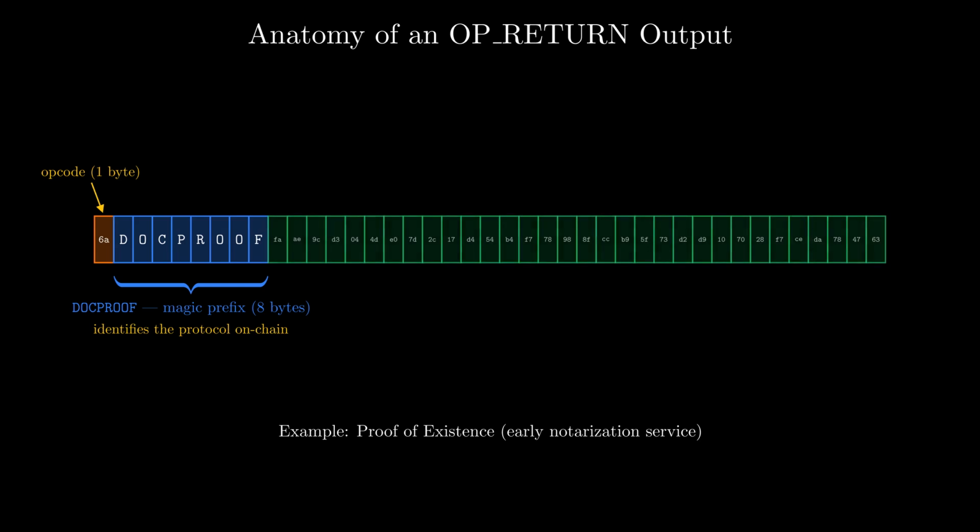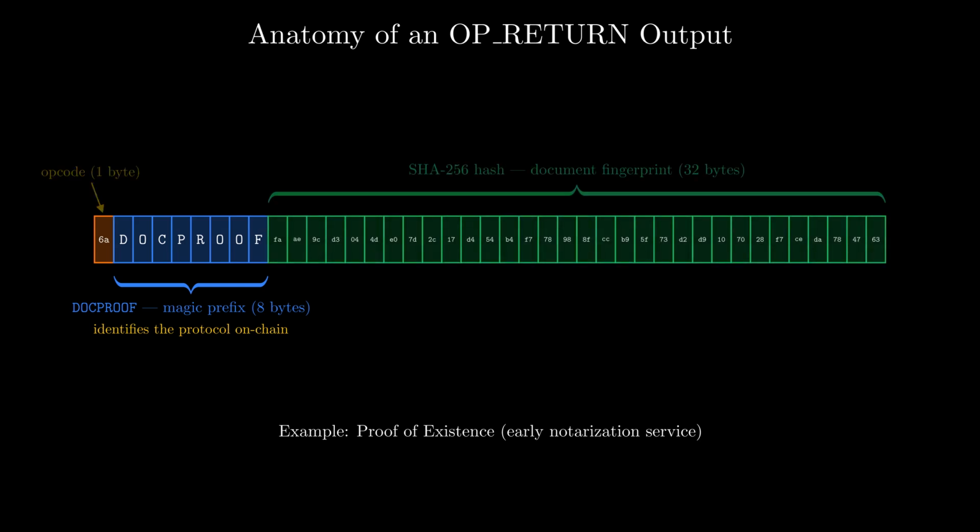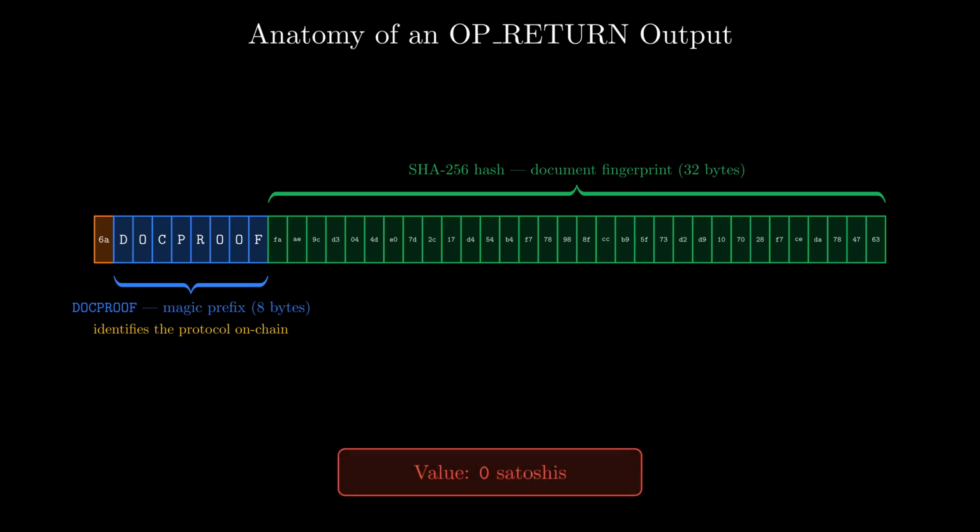After that comes a 32-byte SHA-256 hash of the document being timestamped. The output's value is 0 satoshis. No Bitcoin is attached, because any coin sent here will be permanently destroyed. The transaction still pays a fee to the miner, but nothing of value gets locked into an unspendable script.